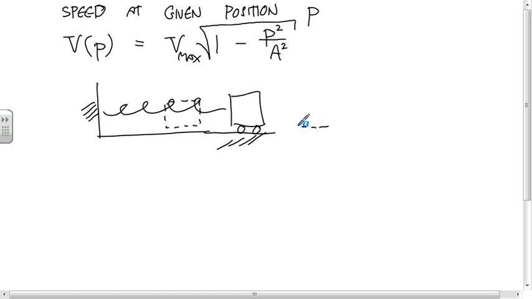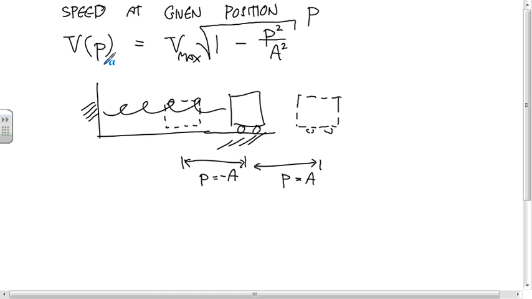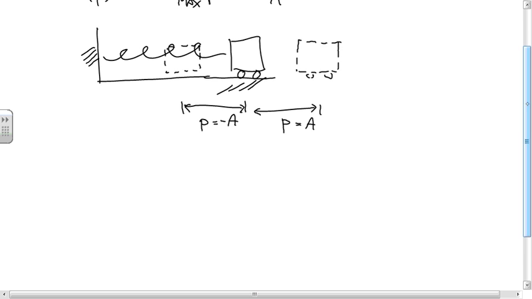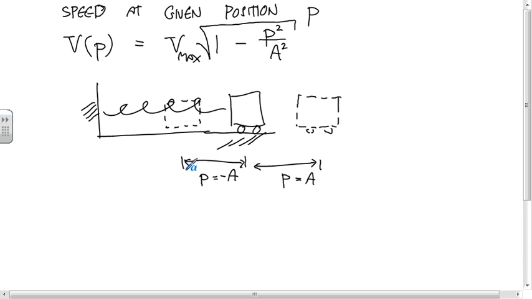Here's the mass when the position is negative a. So that's at the extreme edge on that side. And here's the mass when p is equal to positive a. Okay. So what are the values of the speed at these 3 points? P equals negative A, P equals A, and P equals 0.